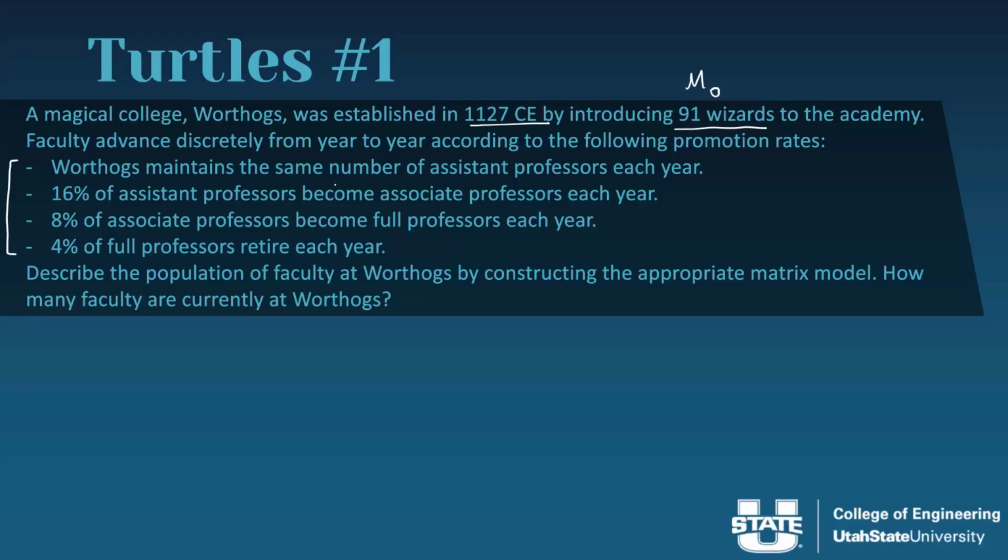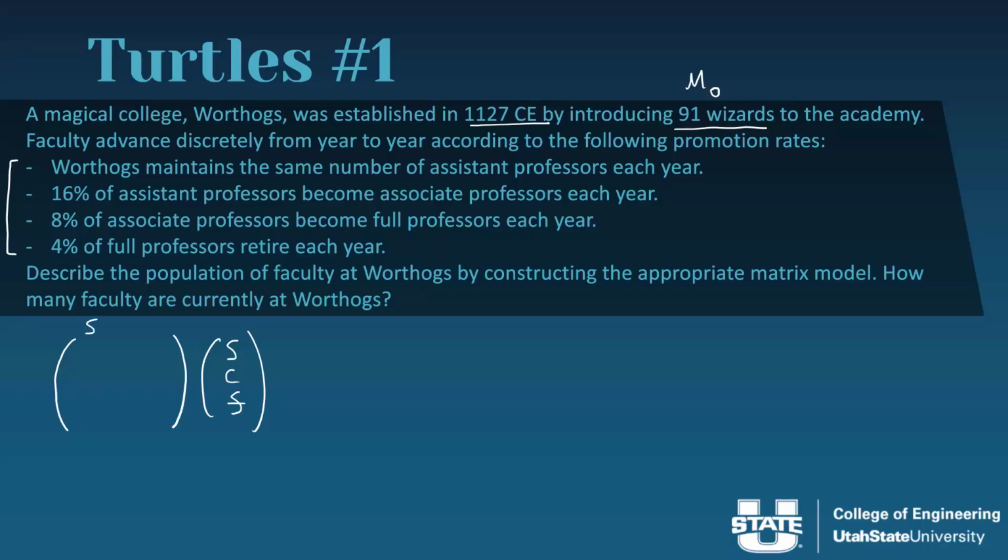So setting up this matrix, how I like to set my variables is S, C, and F for assistant professors, associate professors, and full professors. That's so confusing, and I'm probably going to mess up my words, but we're just going to roll with it.